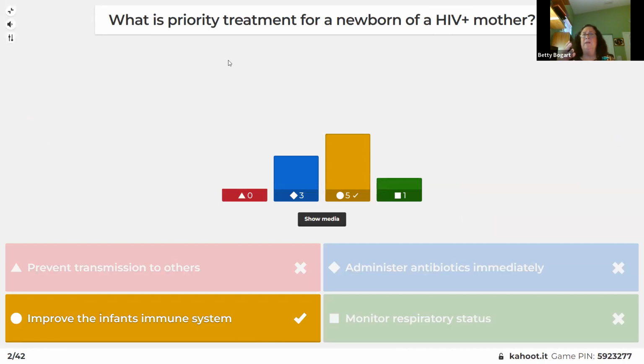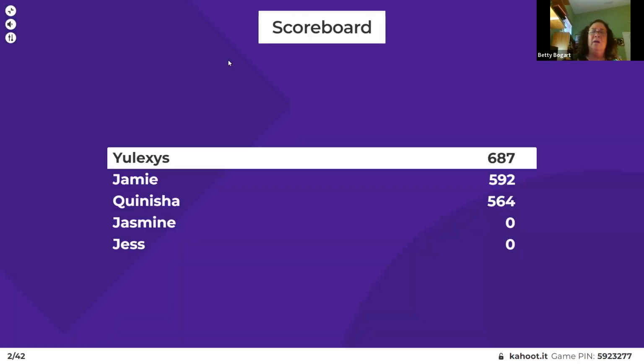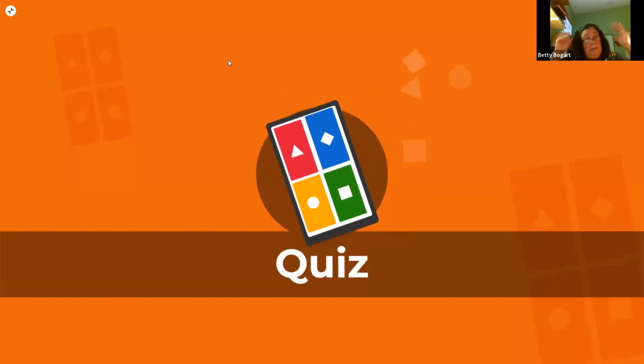That is something that your NCLEX and your HESIs love to put out there. It's a virus, so antibiotics, no. All we want to do for an infant of an HIV mother is give it every chance in the world to beat the HIV, and that's to improve their immune system, giving those antivirals, because you can get that HIV to disappear.